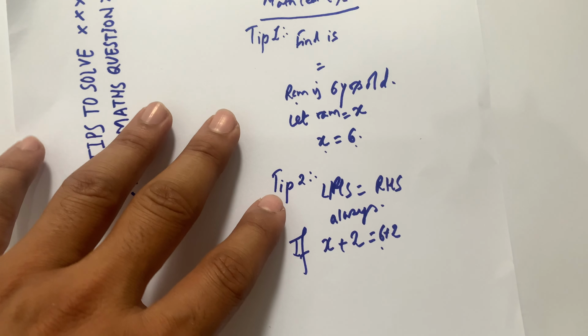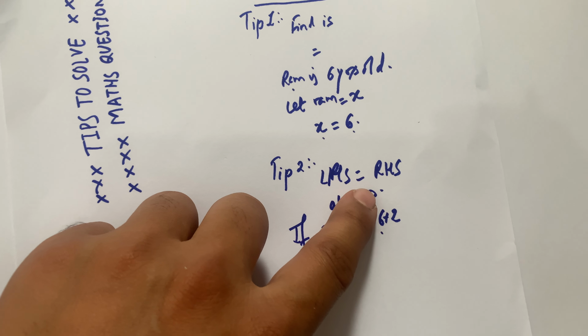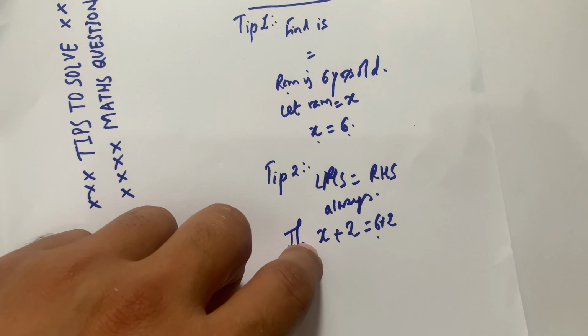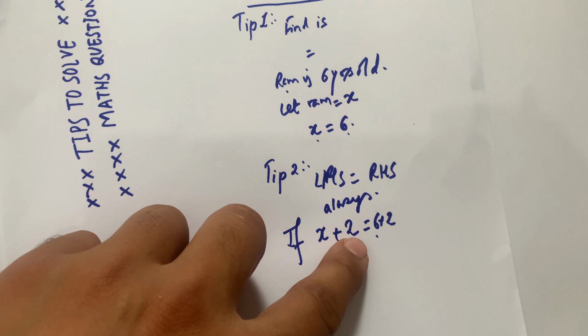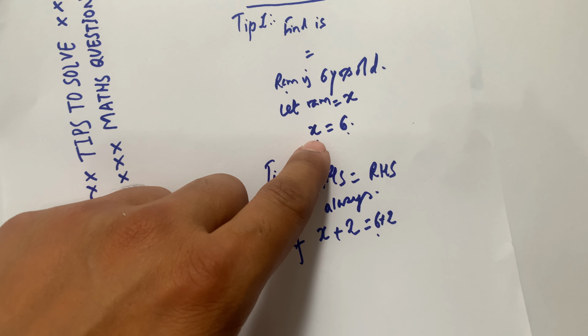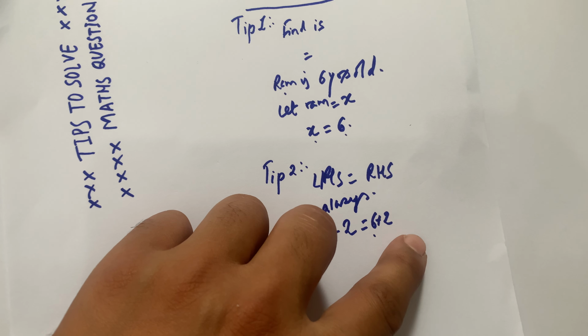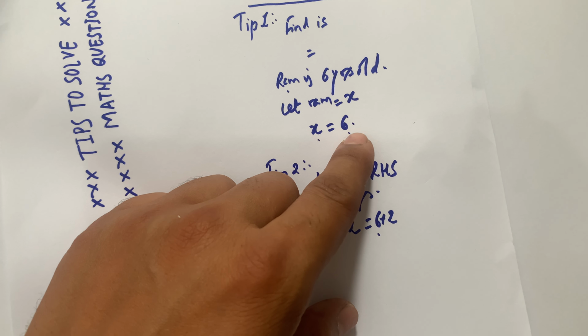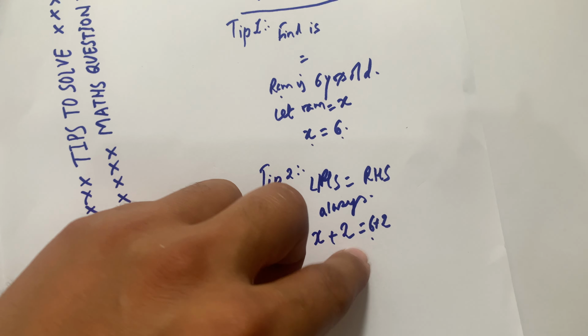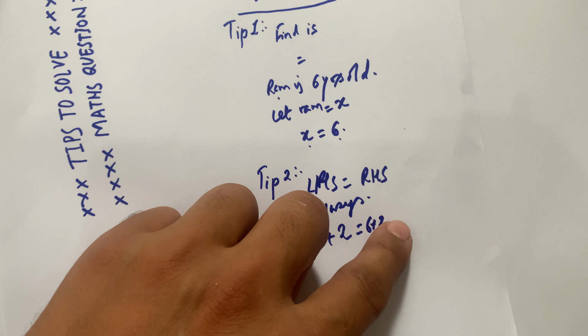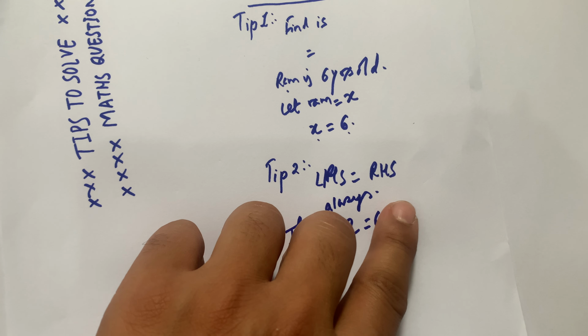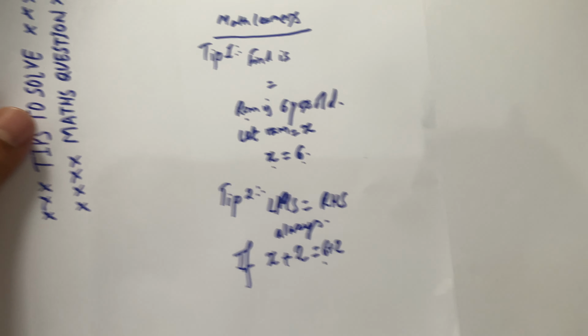Tip number 2 is: always make LHS equal to RHS. If this age is after 2 years, then we have to add X plus 2 and 6 plus 2. If X is equal to 6, then X plus 2 means 6 plus 2 must be done. We cannot keep only 6. That is another tip that will help you in solving problems.